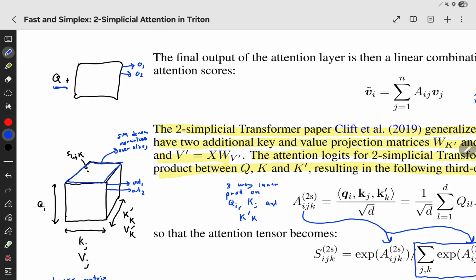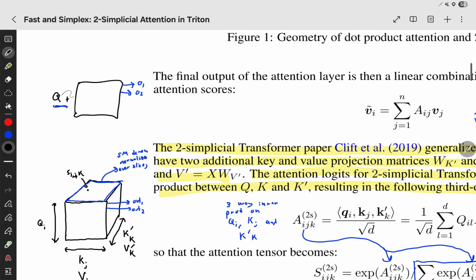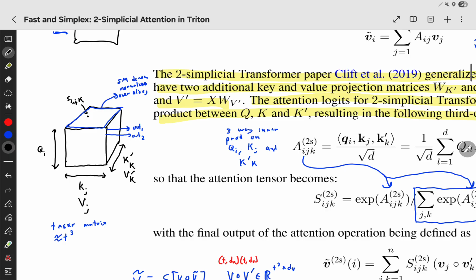And if you have two axes of keys, that also means you have to have two axes of values. Basically, in normal attention, your queries define the rows, and your keys and values define the columns, where the keys and values have the same number of tokens, which would be s. Here, we're extending that by saying, what if we add a second pair of keys and values? For self-attention, these would all be the same shapes.